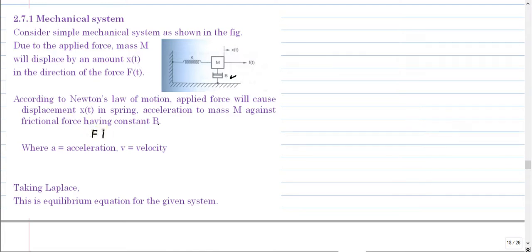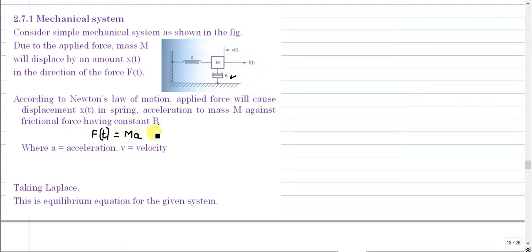f of t is equal to, so take the force equation individually. As I said, for mass it is m into a, mass into acceleration.